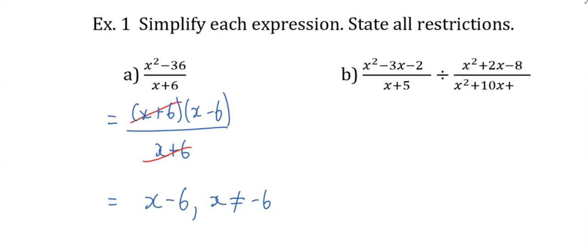If I put -6 into both of them, I don't get the same thing, do I? Because -6 minus 6 is -12. But if I put -6 into there, I divide by 0 and it's undefined. So what we're saying is these two expressions are equal in every single way, meaning the graph of that would look like that, except for at that one position, where it wouldn't look like that.